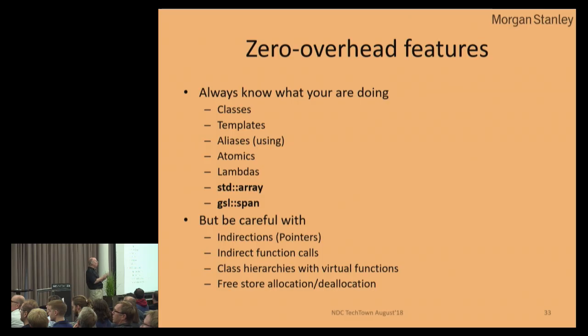A span is a way of referring to a set of elements without any allocation, without any overhead. And be careful. I worry about indirections a lot. That has to do with the fact that a lot of what I'm doing has serious cache effects involved. Indirect function calls in particular are dangerous. That was why I eliminated them here.